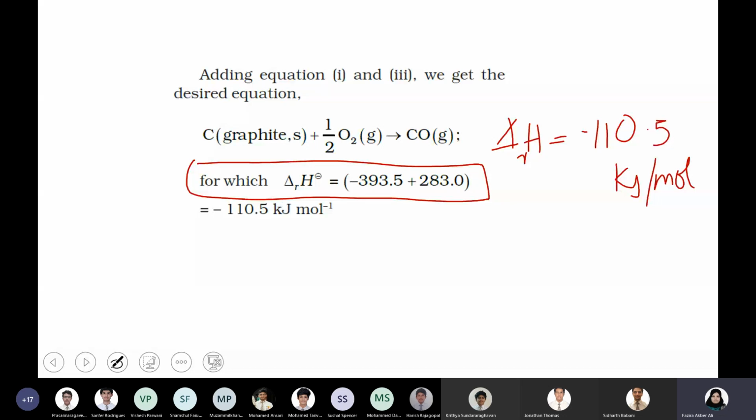Please respond. Abhishek, can you just type the message in the chat if the audio is not working?